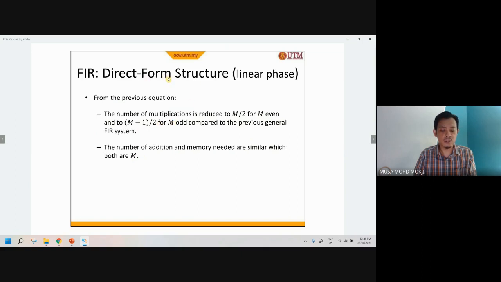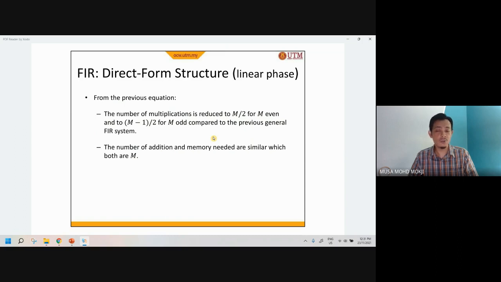That's why this is quite important, because normally for an FIR filter, for an FIR system, the length of the h[n] can be maybe up to 100, 200. So that's a lot. If it is a 200 length, you divide it by 2, so you only have half, which is 100.